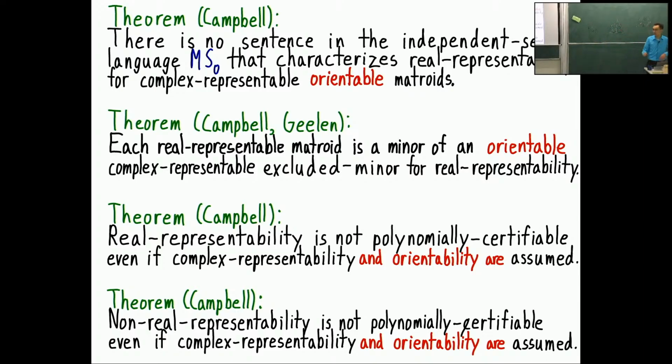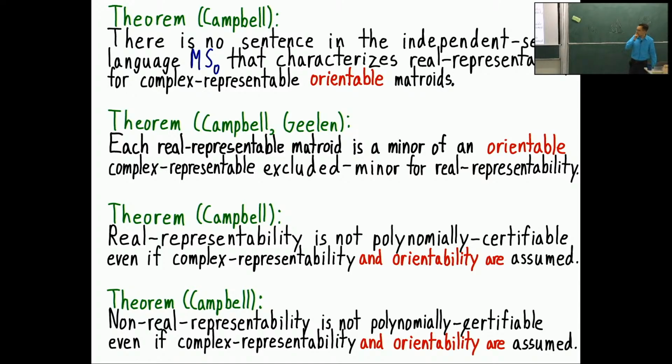U48 has an orientation that does not correspond to the signs in any real representation of this. So oriented matroids, there's certainly more going on there.